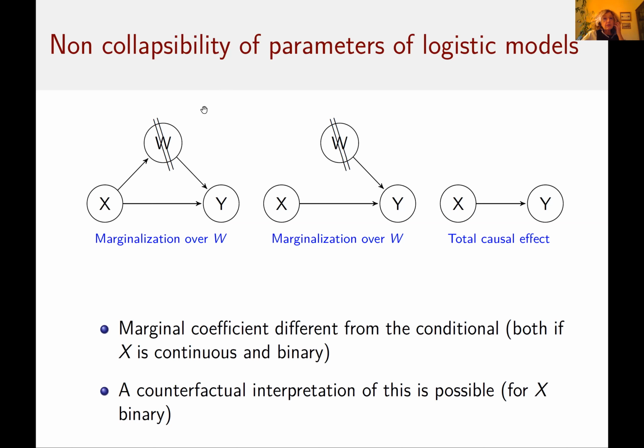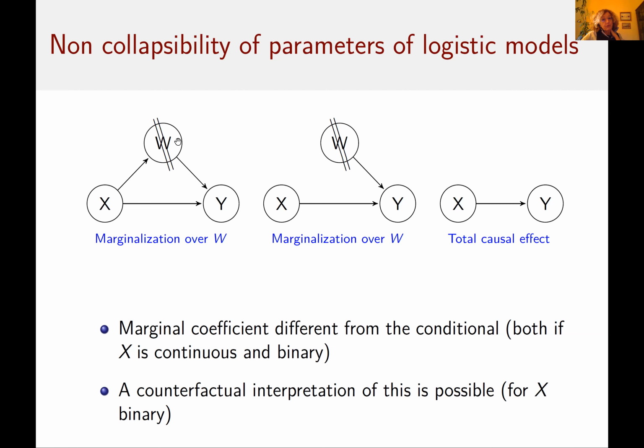Now, the issue of collapsibility is well known in logistic regression models. Suppose we have a logistic model of Y against X and W, and we look at what happens in the marginal model when we marginalize over W. We have two possible situations, where X is influencing W, but also where X is not influencing W, as in this second context.